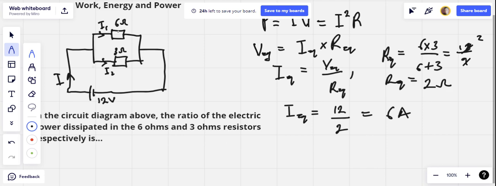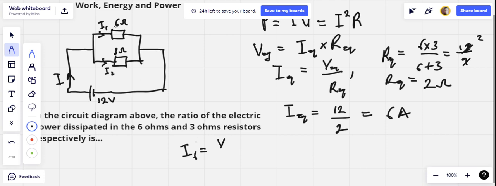So for the 6 ohm resistor, the current that goes through it will be the voltage. And since this is a parallel connection, the two resistors will share the same voltage, which is this 12 that they are seeing.